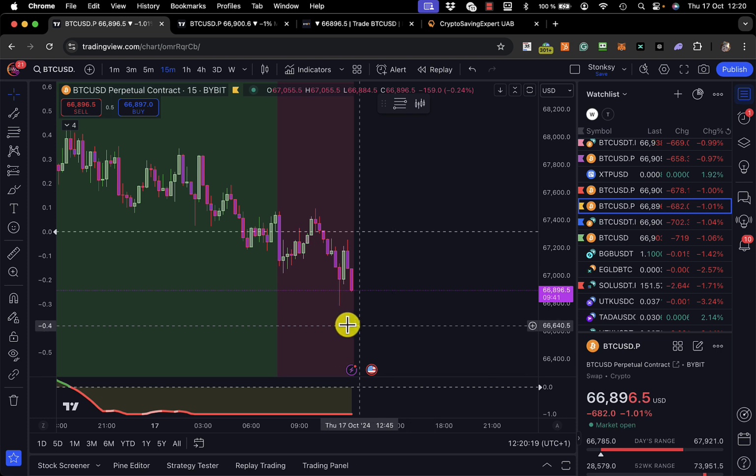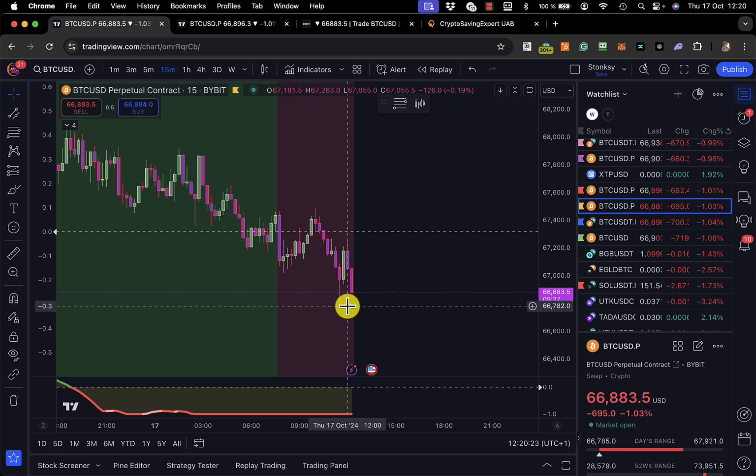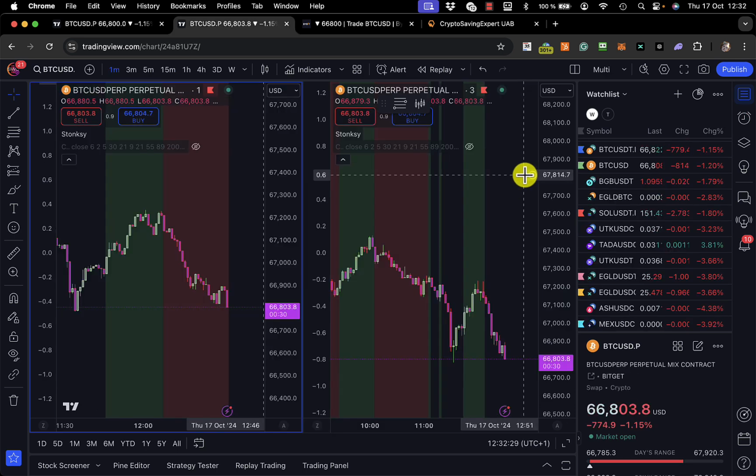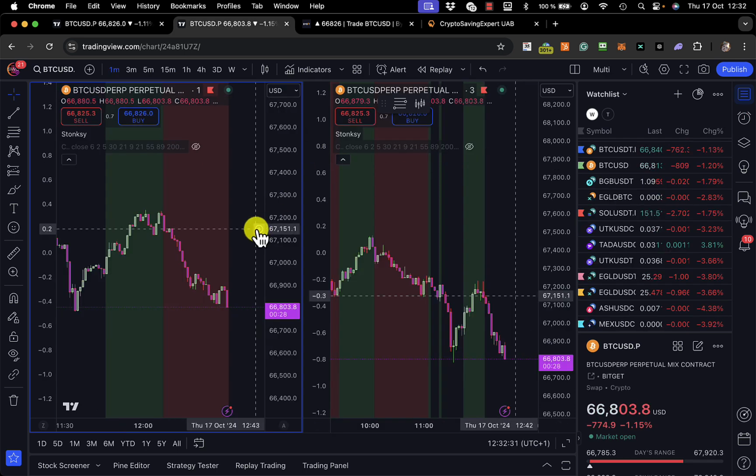So for example, you might think, well, okay, the price came down to here to 66,782. If it breaks that low, the chances are we're going to go much lower. If it bounces here and starts going back up, that might be the end of the dip. And you can see here, for example, that even on the 1 minute, Stonksy's saying stay short.